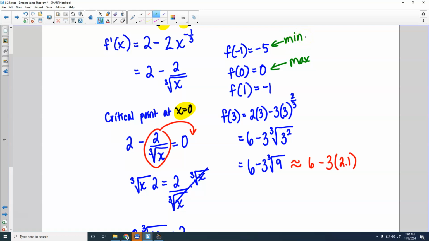So you may get something like this where you kind of have to estimate. I would do it all in my head, and I wouldn't even write that down because it's not actually equal to that value. But that's sort of what you're thinking through.